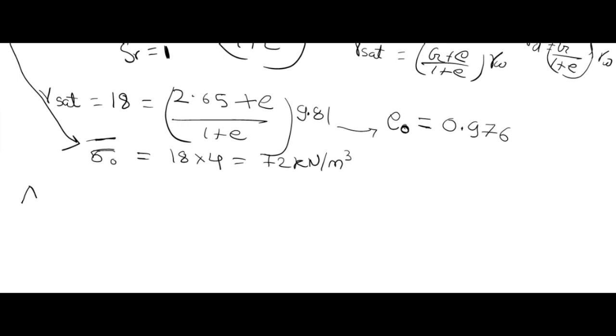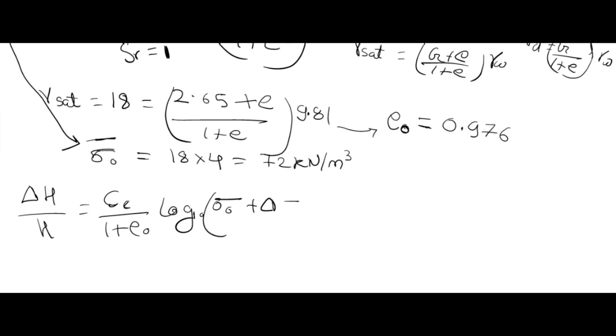We already know the total settlement delta H. We can find the compression by delta H by H, which is equal to the compression index Cc by (1 plus e0) into log10 of (sigma 0 bar plus delta sigma) by sigma 0 bar.